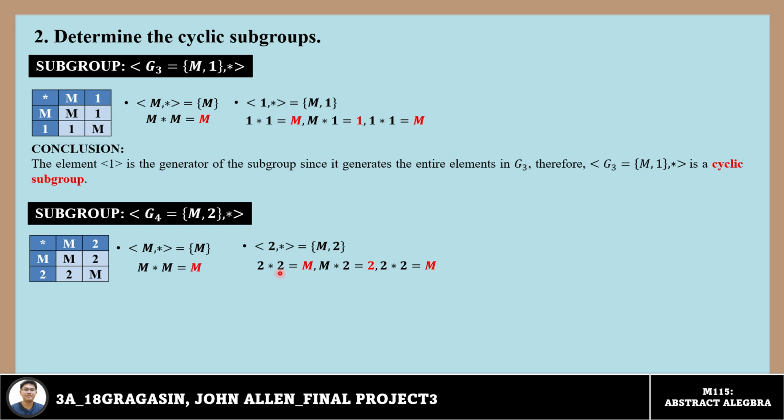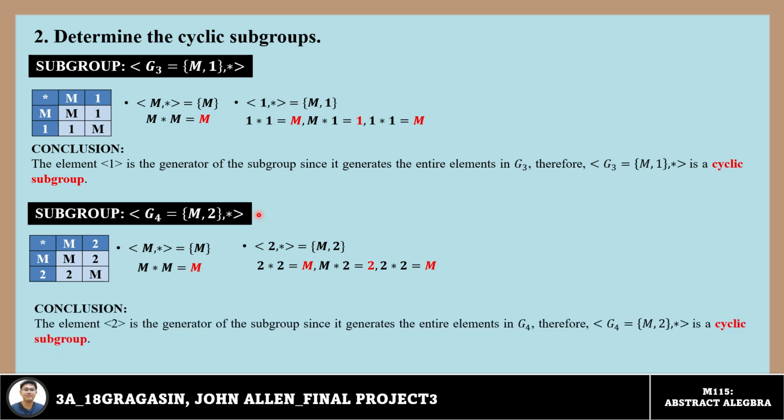So 2 star 2, we have M, and then M star 2, we have 2, and the resulting elements are M and 2. As you can see here, it generates the entire subgroup G sub 4. Therefore, the element 2 is our generator in this case, and since a generator exists, we can conclude that G sub 4 is a cyclic subgroup.